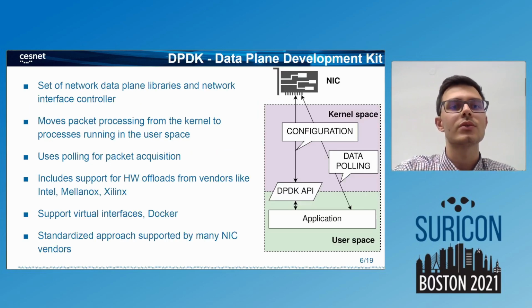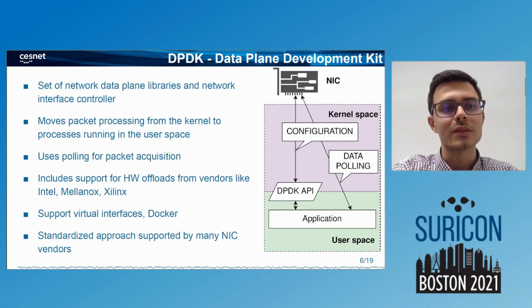Now we implemented the DPDK capture method or module. DPDK stands for Data Plane Development Kit, which is generally another network library, a set of data plane libraries and network interface controller drivers.